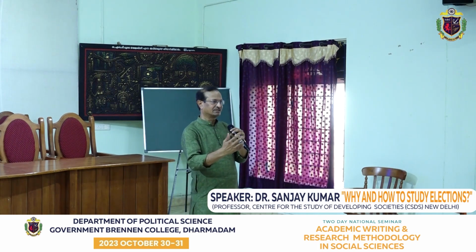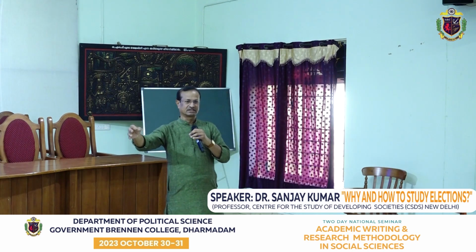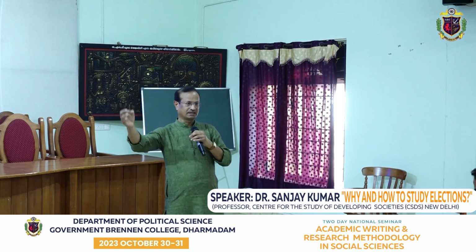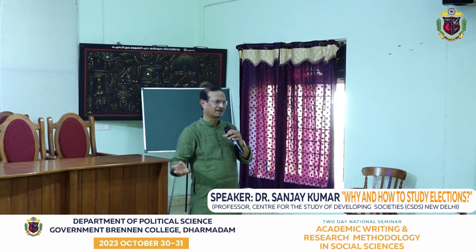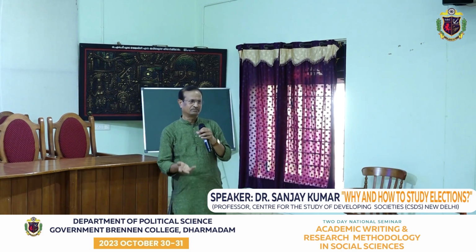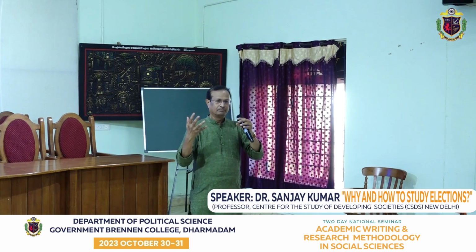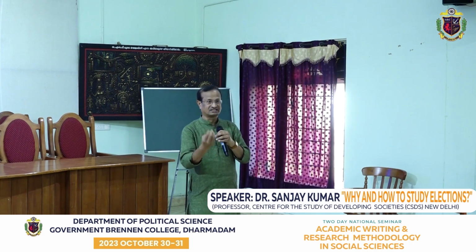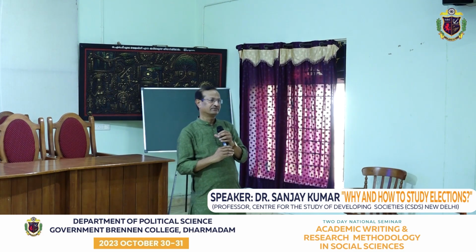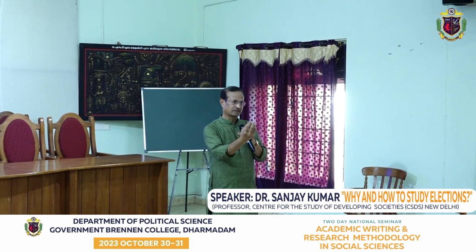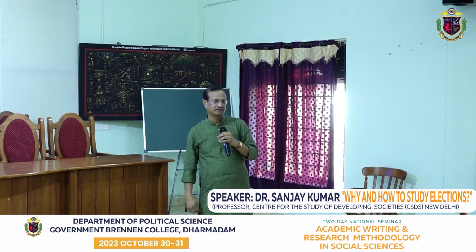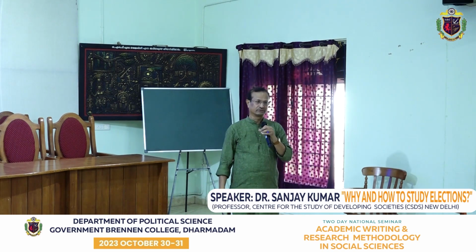So if you form an alliance with Apna Dal and the Lok Jan Shakti Party, Apna Dal is a small party in UP, Lok Jan Shakti Party is a small party in Bihar, and several other smaller parties. These are caste-based parties with strong support among particular castes, and these castes are not likely to vote for BJP in big numbers, so they form alliances. This is how they enter into this whole thing of social engineering.